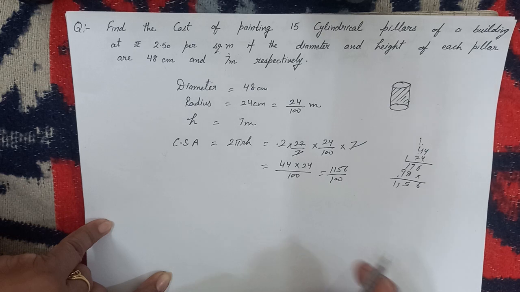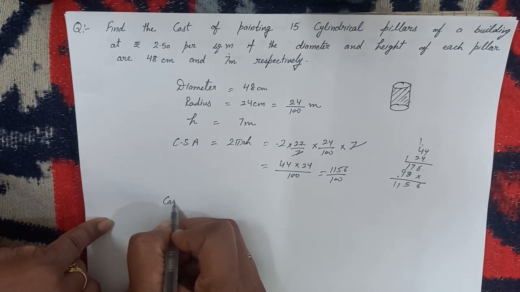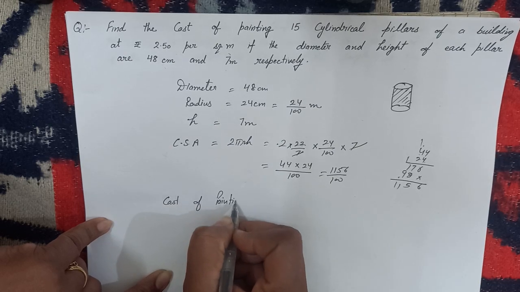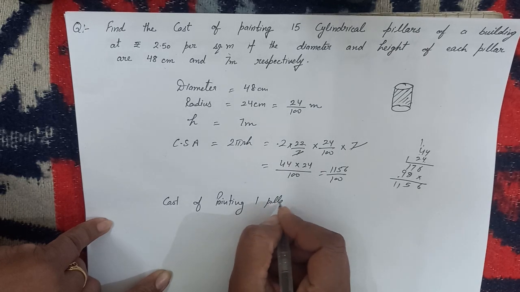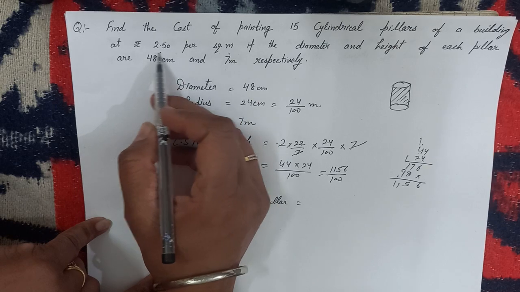If we need to find out the cost of painting one pillar, then I have to multiply it with rupees 2.50.